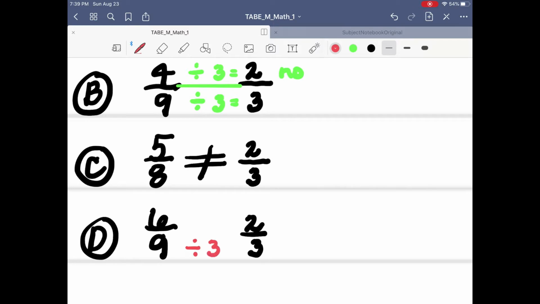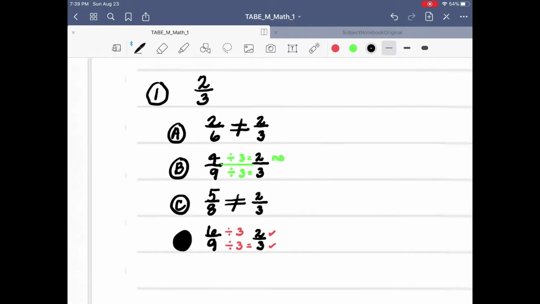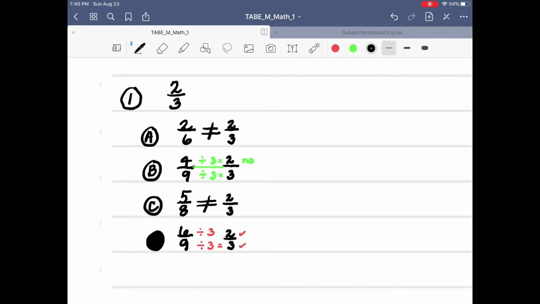To get from 9 down to 3, I'm going to divide by 3. That checks out. Can I do that on top? 6 divided by 3 is 2. So this is the one we're looking for. D is equal to 2/3.